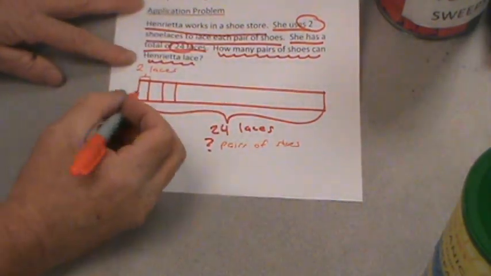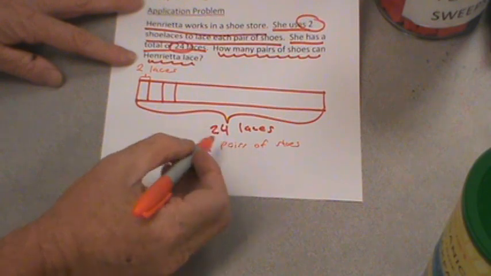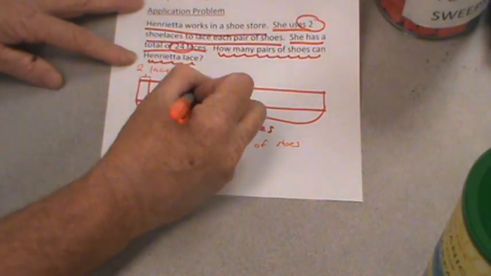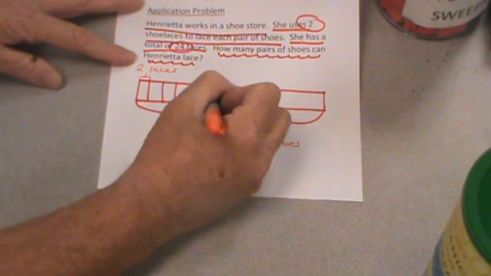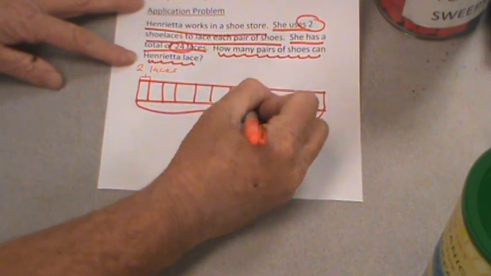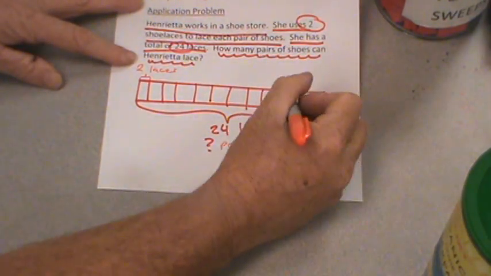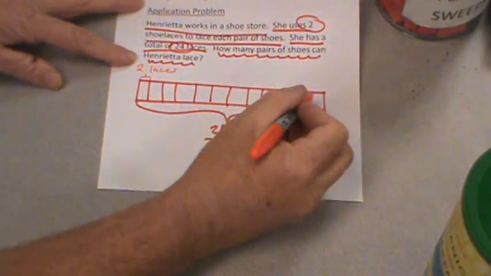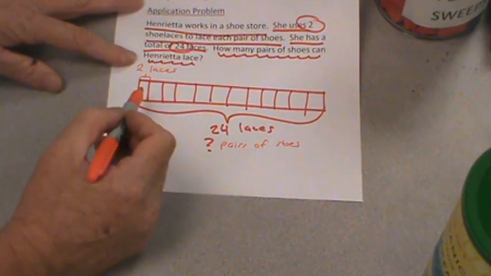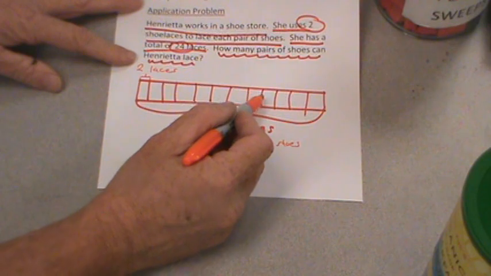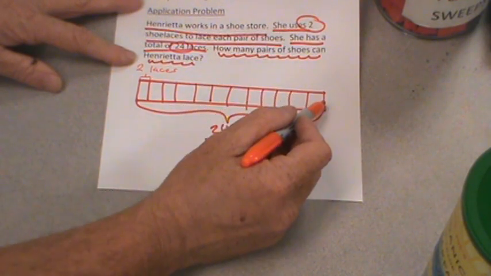So let's do a little skip counting to see when we get to 24. 2, 4, 6, 8, 10, 12, 14, 16, 18, 20, 22, 24. We'll skip count again to double check. 2, 4, 6, 8, 10, 12, 14, 16, 18, 20, 22, 24.